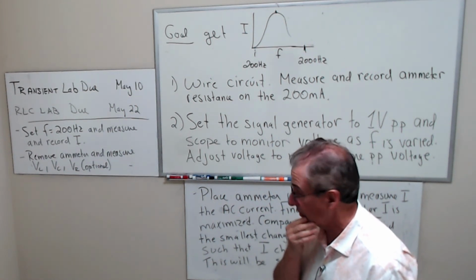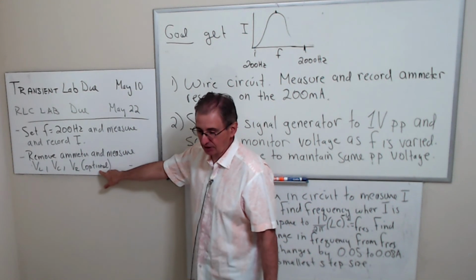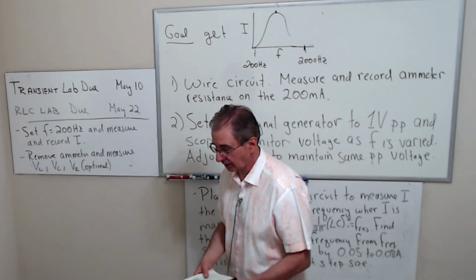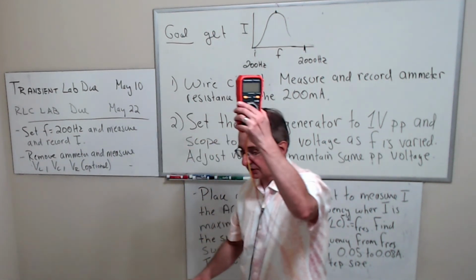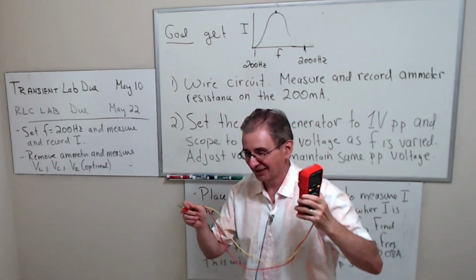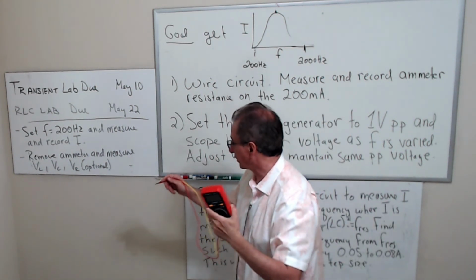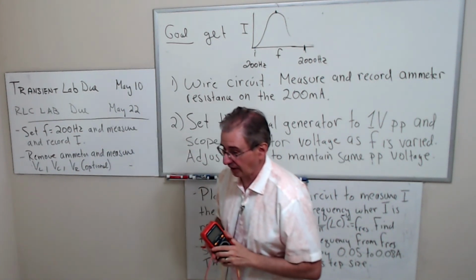This is for troubleshooting purposes. You're not going to do anything with it, but for troubleshooting purposes, you might want it. So here's the thing. You got to put the ammeter in the circuit, take it out, and then measure the voltage across the inductor, the capacitor, and if you want the resistor, with the same multimeter. So that's what makes this painful.